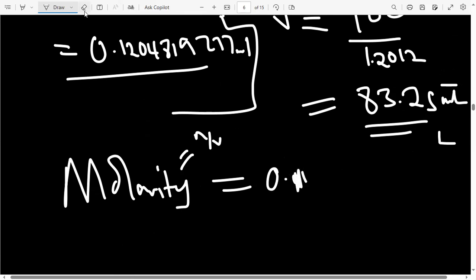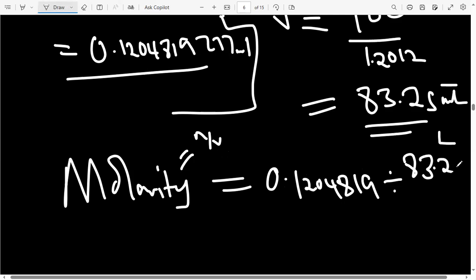Okay, so 0.1204819, that whole number there, and then divided by the volume, which is this, but I'm turning it into liters. So 83.25 divided by 1,000. Okay, so this is going to give us what? So let's divide this.